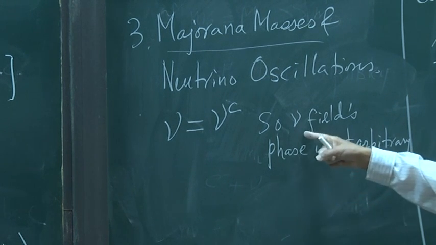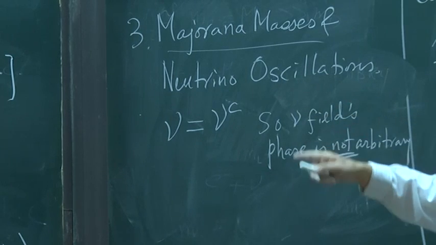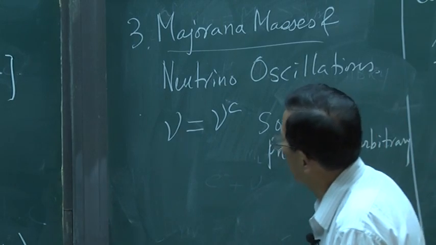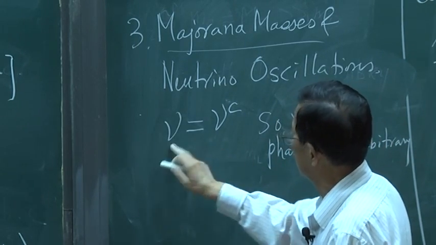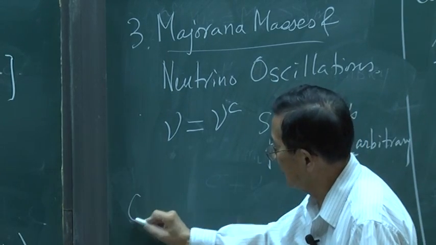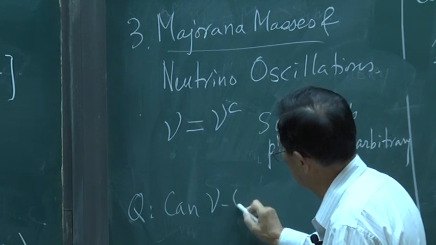But for a neutrino field with Majorana mass, you cannot absorb a phase, because if you change the phase, then this condition will not be satisfied.